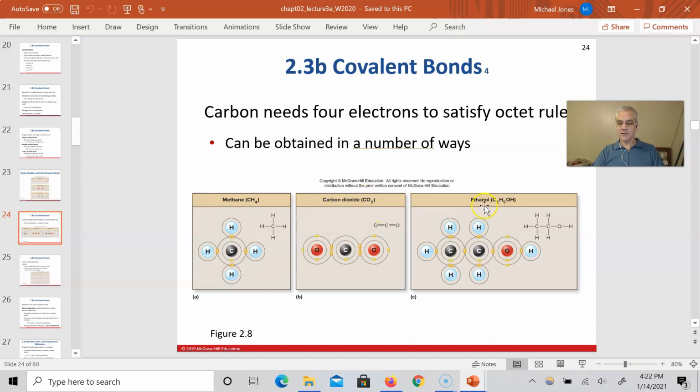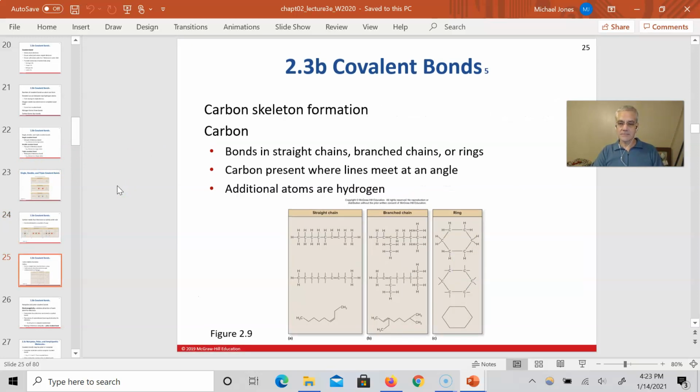Ethanol over here has two carbons, five hydrogens, and one OH group. That's what makes it an alcohol, the OH group. We'll get into that later. These are just different ways that covalent bonds can be made.